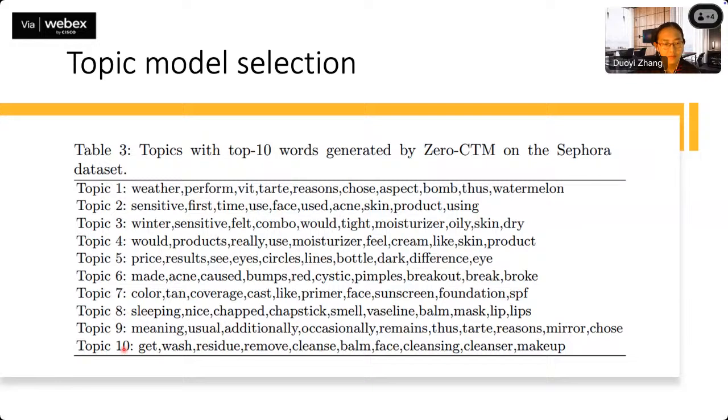In general, the topics generated by CTM represent different kinds of topics, which is good. Within each topic, we can understand and generate a story, but it's not that straightforward. For example, topic 6 may indicate some negative effect of a product, which can result in redness of the skin and pimples and so on.